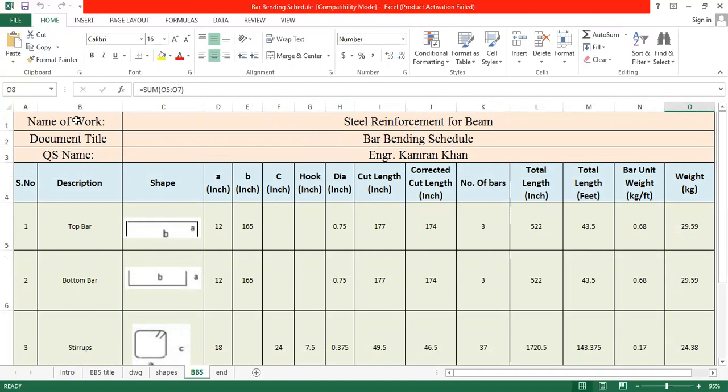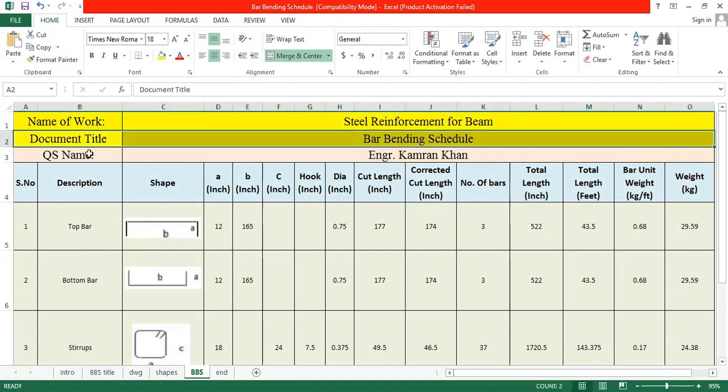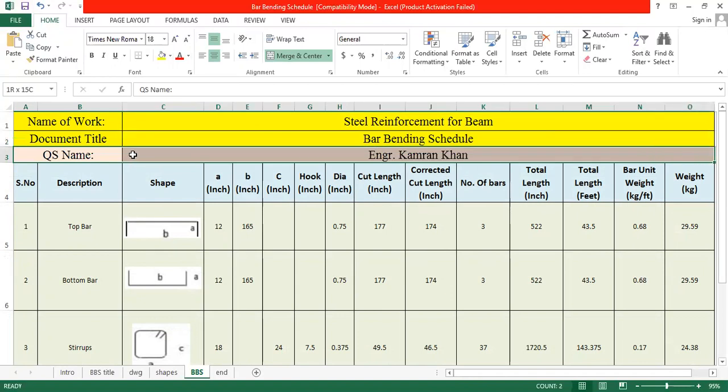At the top you will have to mention the name of work. The name of work over here is the steel reinforcement for the beam. Then the document title is bar bending schedule. Then the QS name, the quantity surveyor name, who is supposed to make this bar bending schedule, let's suppose it is my name, Engineer Kamran Khan.